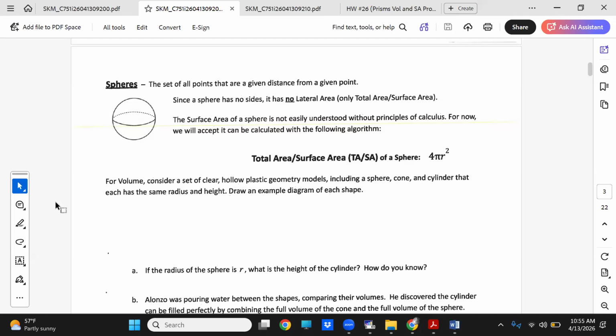And for volume, consider a set of clear hollow plastic geometry models, including a sphere, cone, and cylinder. They each have the same radius and height. Let's draw examples of each really quickly. When I draw a sphere, I draw it like a globe.